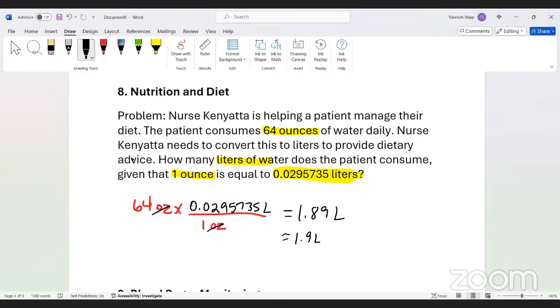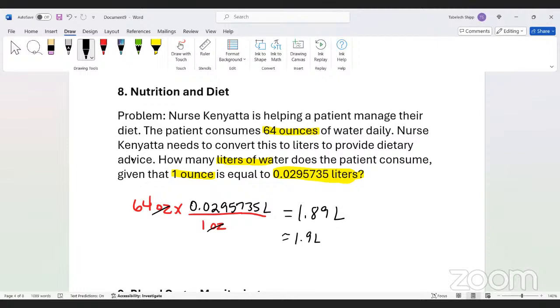Now, Nacho asked a very good question about why we use the line on the very bottom. So I'm going to give you another example where you may have to do multiple steps. Suppose you had to convert this number to gallons, so you go from ounces to liters to gallons.